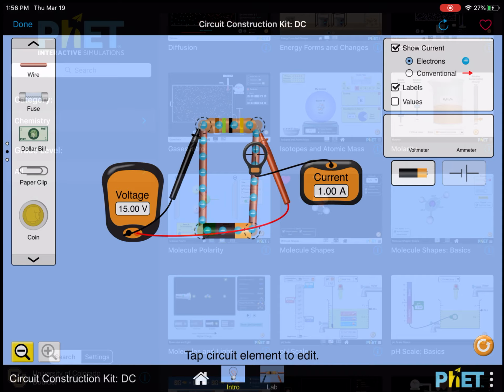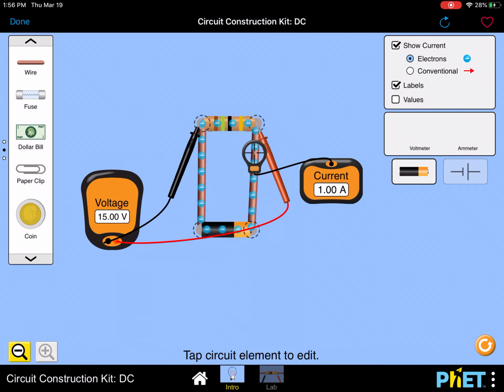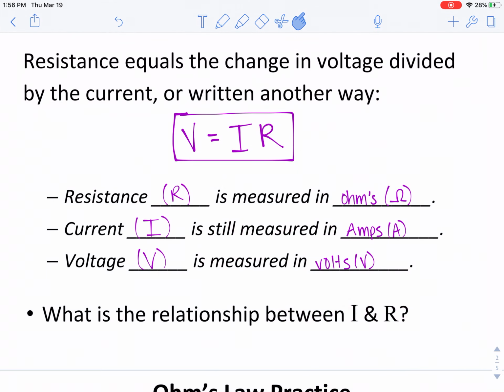So when I go to my PhET app, this is actually still up from when I worked through the lab. I have my voltmeter there, and I also have my ammeter here, so it's measuring current and voltage. Now, I am not going to change the voltage on my battery, so I'm going to keep my battery the same. The reason is that if we go back to this note set, it says, what is the relationship between I and R?